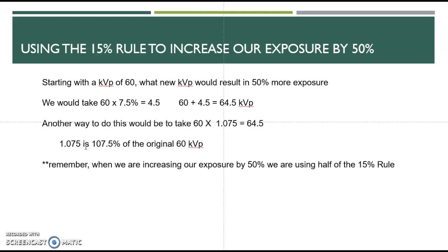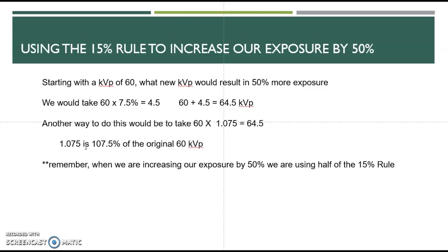This is another example that we went through in class, and this is using the 15% rule to increase our exposure by 50%. So starting with a kVp of 60, what new kVp would result in 50% more exposure? So again, we want 50% instead of 100, so we're going to use half of the 15%, which would be 7.5%.